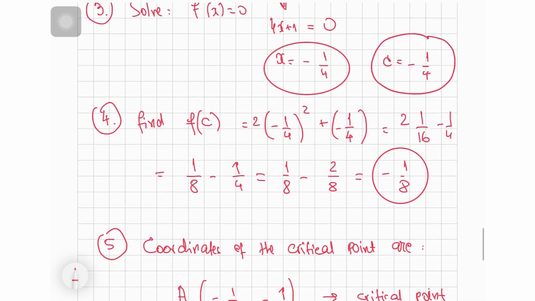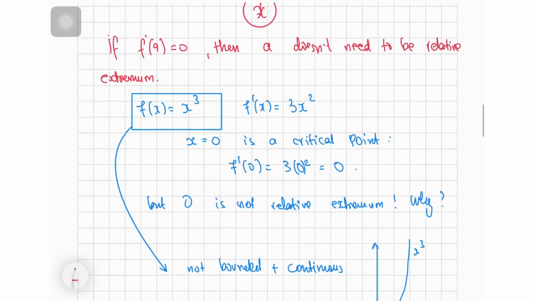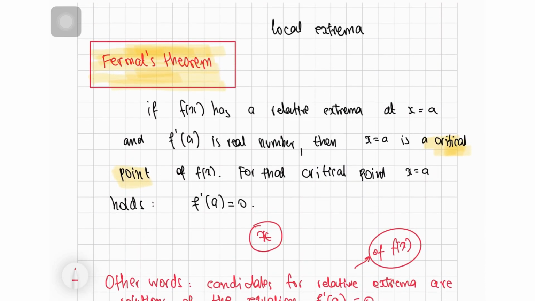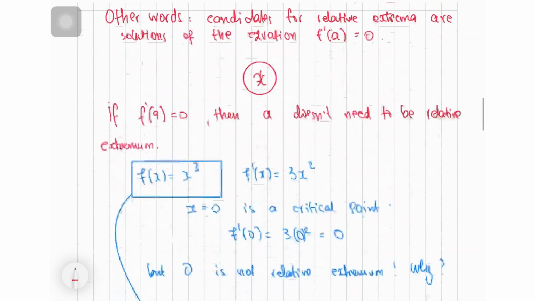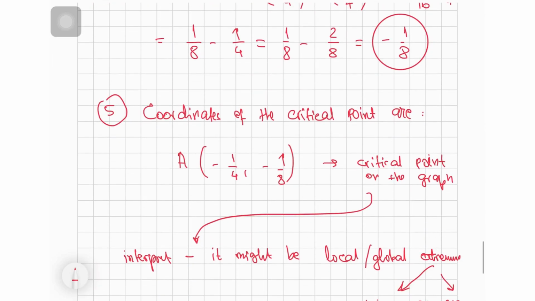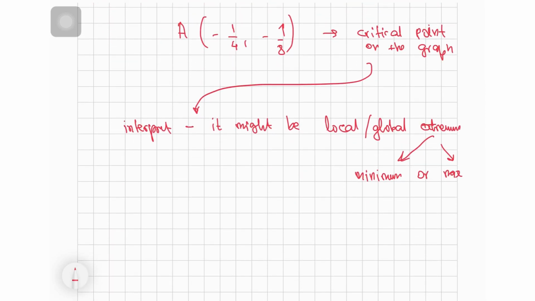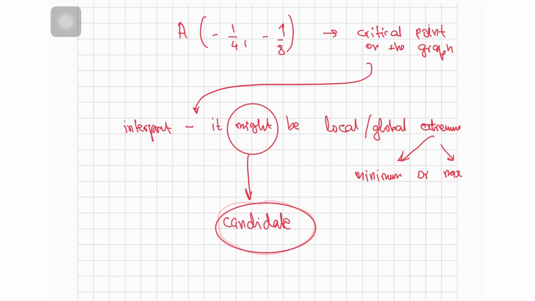So either of these, because if we go back to the Fermat's theorem, if f of x has a relative extrema and f prime is a real number, then for that critical point, f prime of a equals 0. This still doesn't mean that this is an extremum. It just might be. So that means it is a candidate.